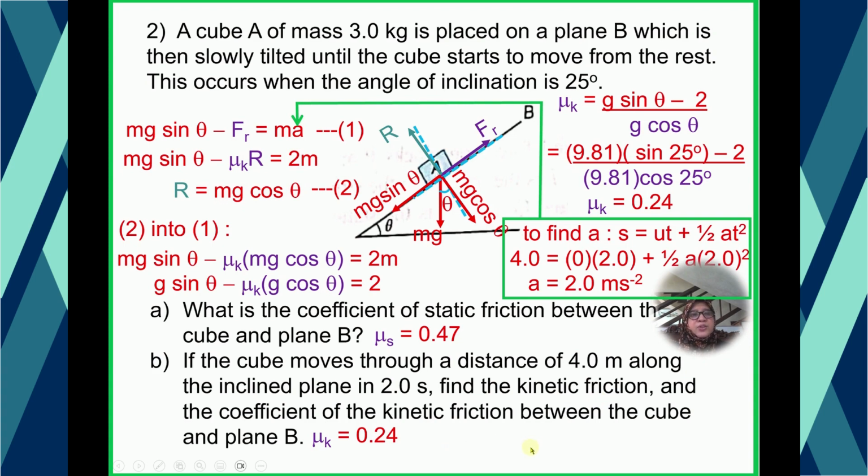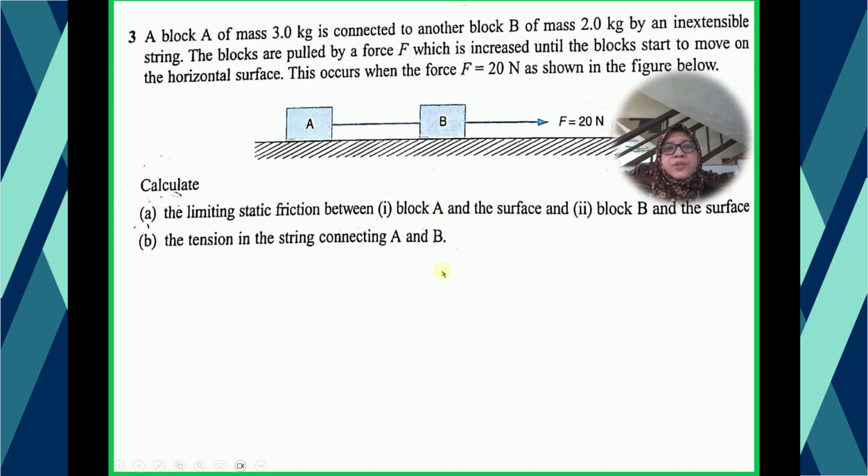Okay, so this is question 2, and then we go to question 3. A block A of mass 3 kg is connected to another block B of mass 2 kg by an inextensible string. The blocks are pulled by a force F, which is increased until the blocks start to move on the horizontal surface.